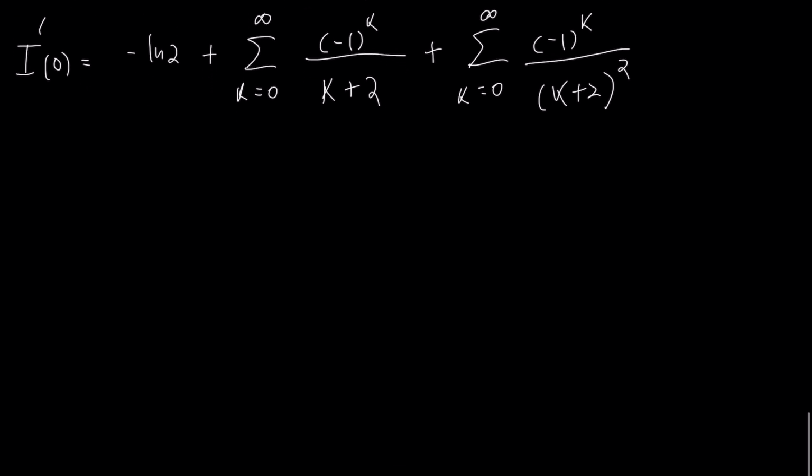So now all that's left to do is to evaluate each sum. Before I do that, I will show the following identity. To start off, we will consider the sum from 0 to infinity of a sub k plus 1.